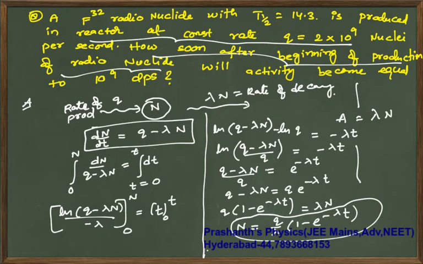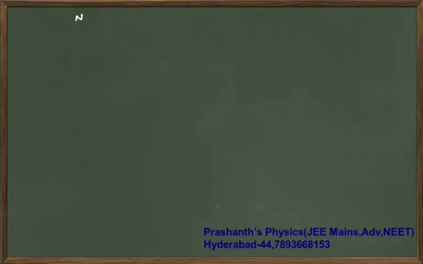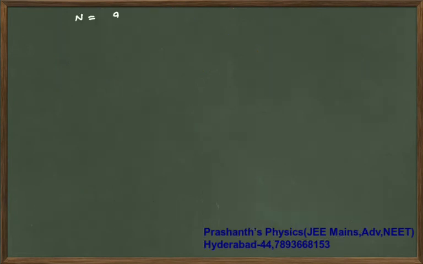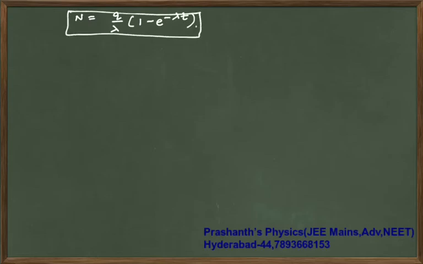Then you can find after what time A is equal to lambda n. You can take this screenshot. What we got is n equal to Q by lambda times 1 minus e power minus lambda t.